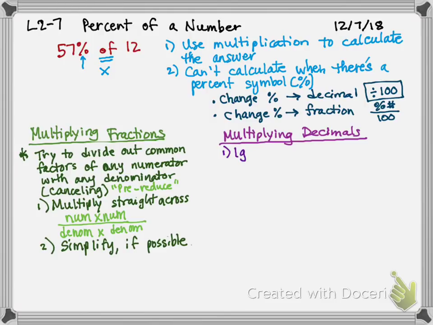So we're going to ignore the decimal or decimals and multiply the numbers. So we're going to write them vertically, last digit under last digit, and put the longer number on top, shorter one on the bottom. So ignore the decimals and multiply the numbers.